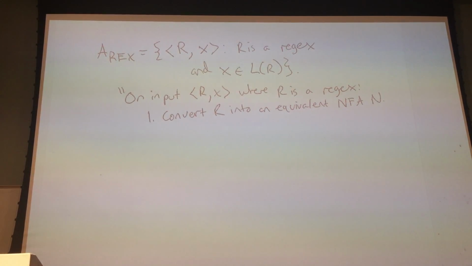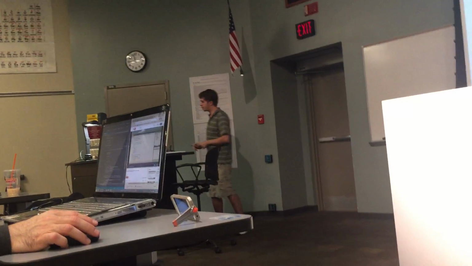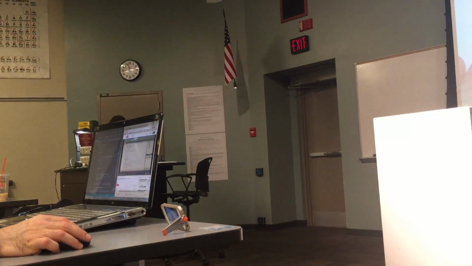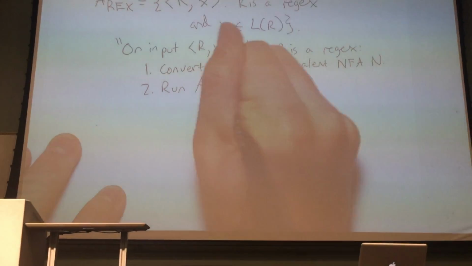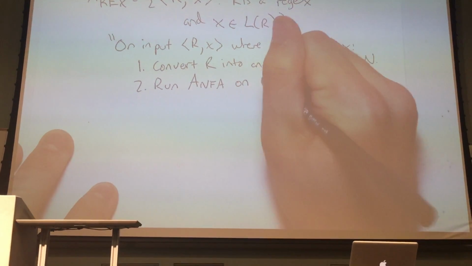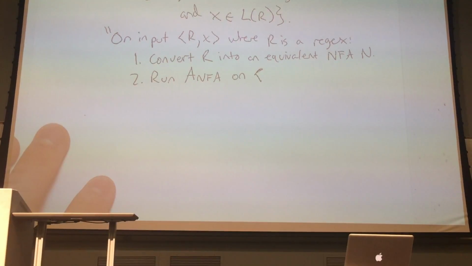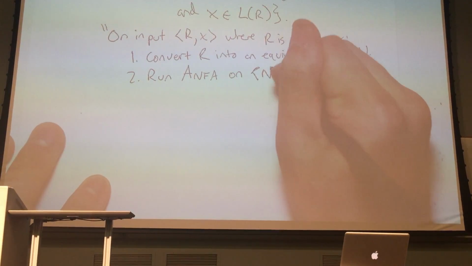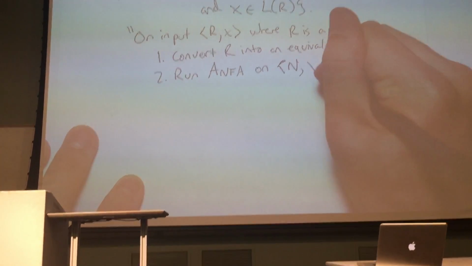Oh, I can just run A sub NFA because I already showed that that is decidable. So now just run A sub NFA on, again, I gotta give it an NFA with some input, but I have an NFA right here. So I'm gonna give it N with the input that's given, x.